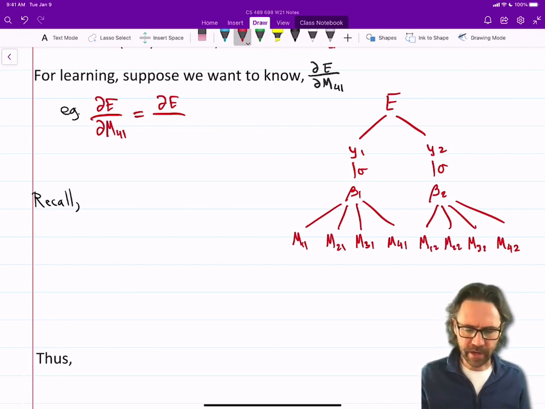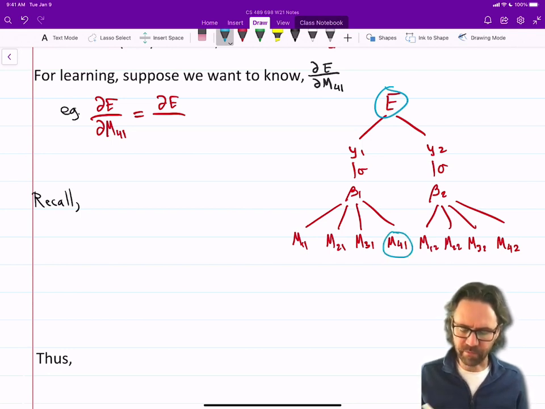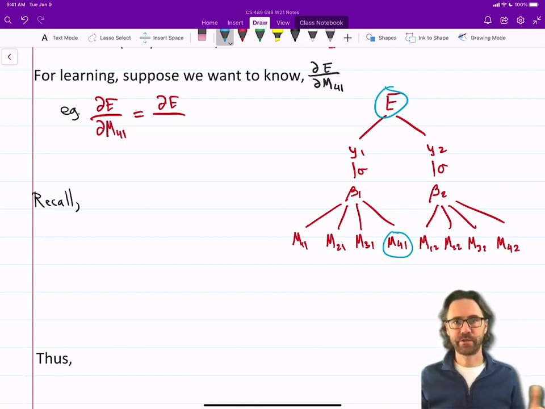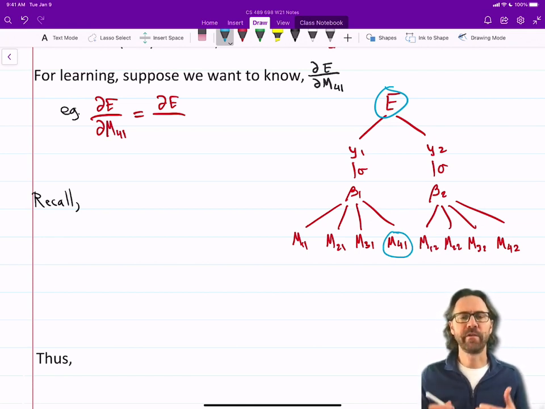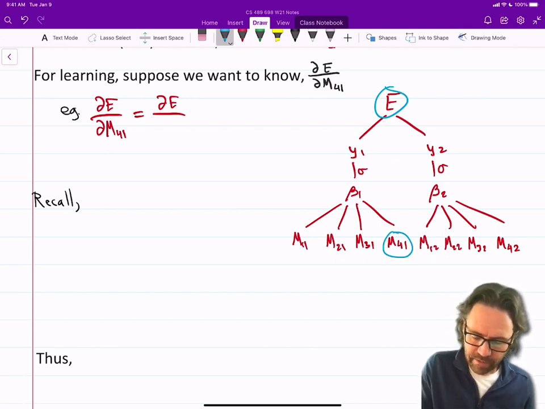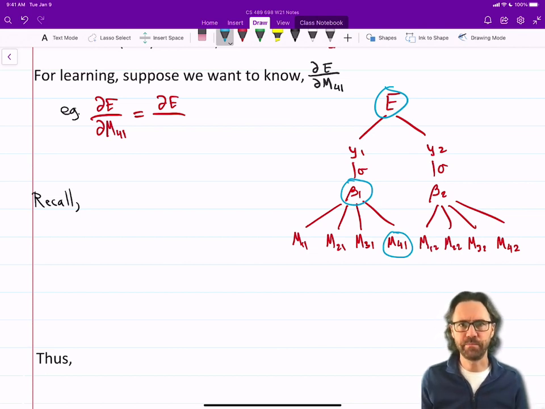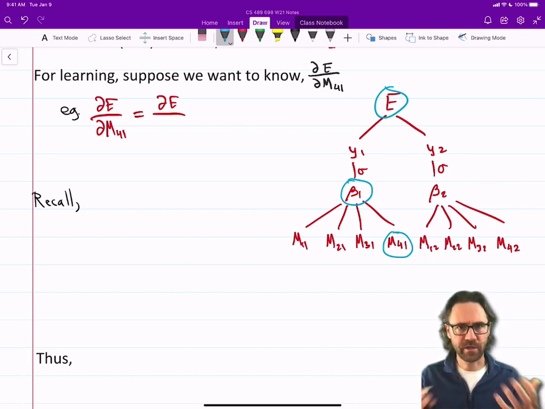Now what I want is the derivative of E with respect to M41. I'm going to have to traverse down through this tree and take the derivatives as I go down. I'm going to break it up into pieces, stopping at the input currents.